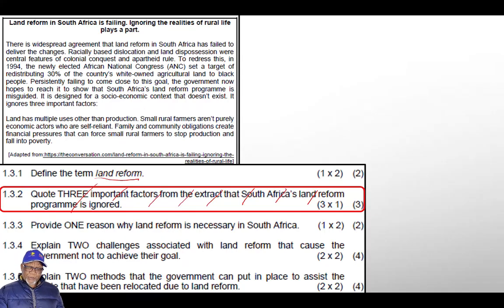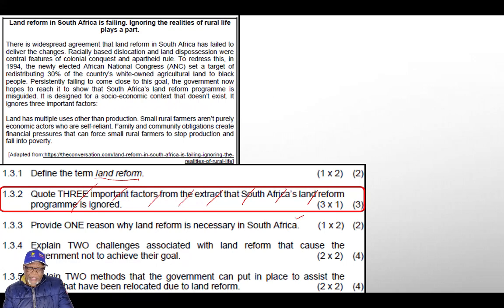And then this one says, provide one reason why land reform is necessary in South Africa. So why is it necessary? This is an application question. It needs you to reason. It needs you to give a reason. So there is no single answer to that.